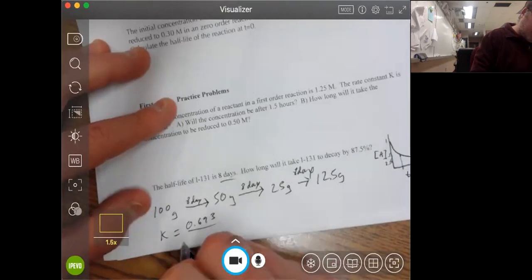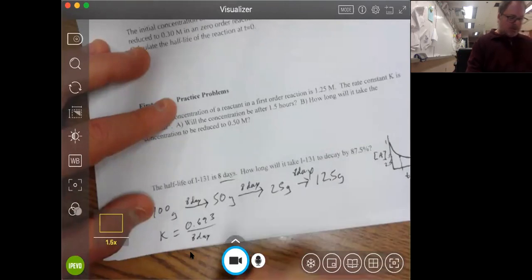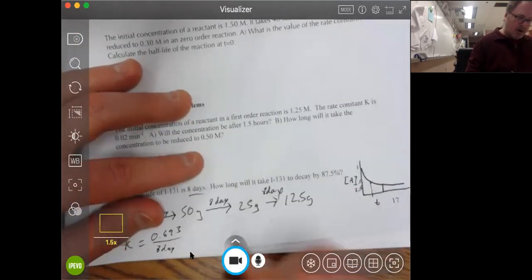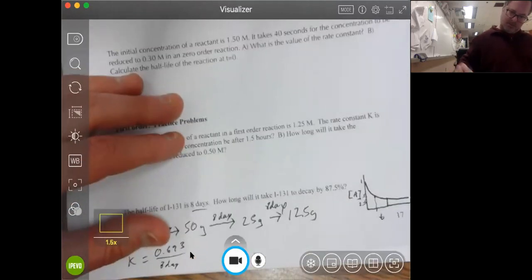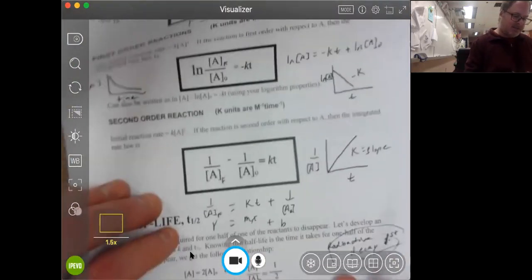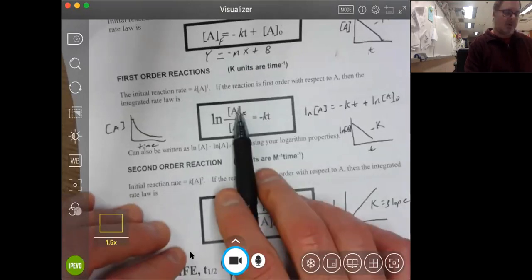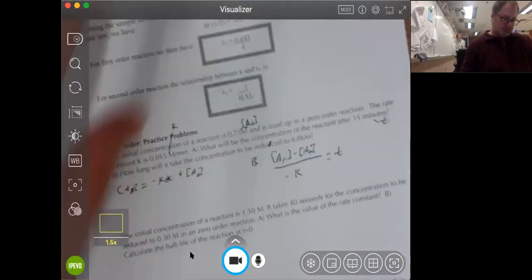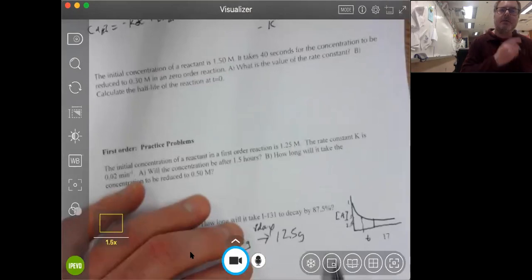Divided by the 8 days. And then we could plug that K into our equation. So then we could plug that K in, we have the initial and final because they tell us we are at 87.5%.